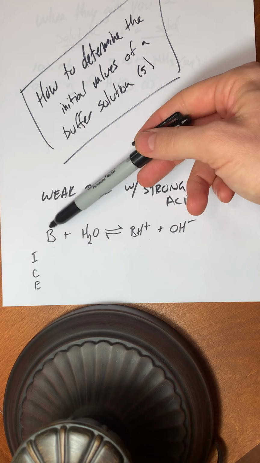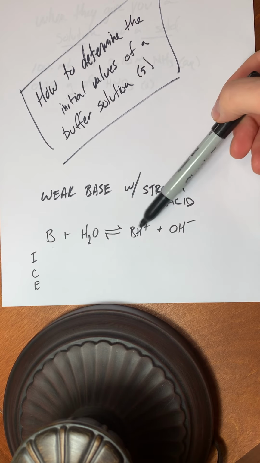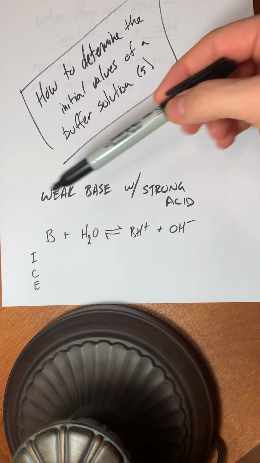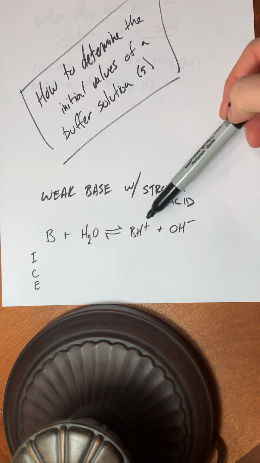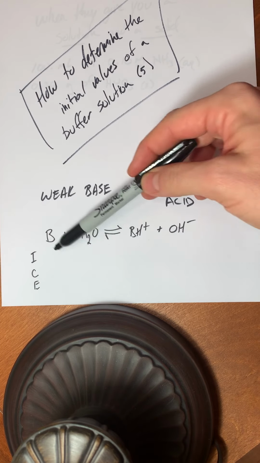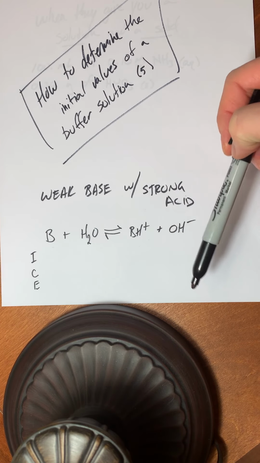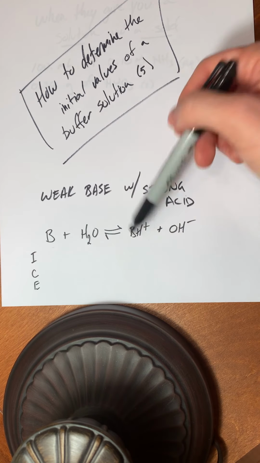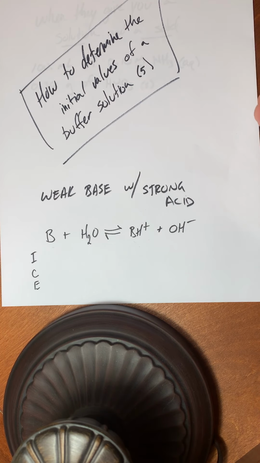It's just taking some of this base and converting it into some conjugate acid before you do it. So all you had was base, you don't have any conjugate acid yet, so you're going to take some of this and make this so that it will set up an equilibrium. If it's about 50-50, close to 1-to-1, that's a pretty decent buffer.